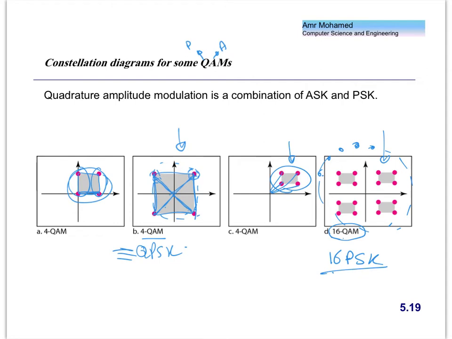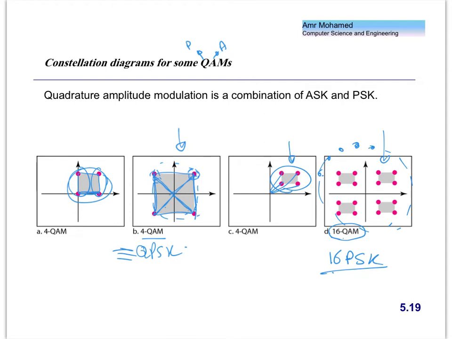Which means that in the IQ diagram, they need to be arranged in a circle, because the circle will have the same amplitude distance to the origin, right? So you have to have all the symbols arranged in a circle. And as you can imagine, arranging multiple symbols in one circle will not give you enough degrees of freedom, in which case the symbols will be close to each other, and in that case the effective noise will be more.